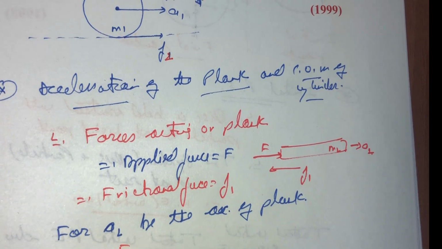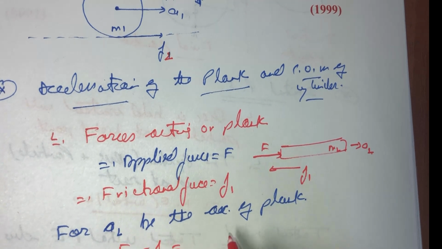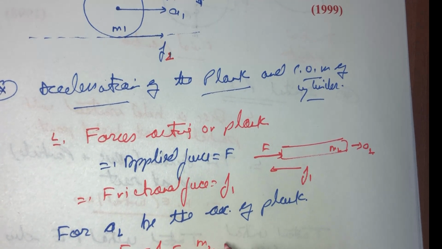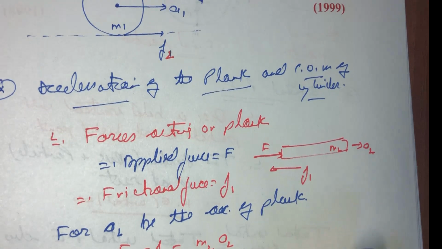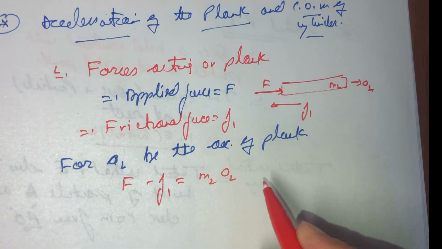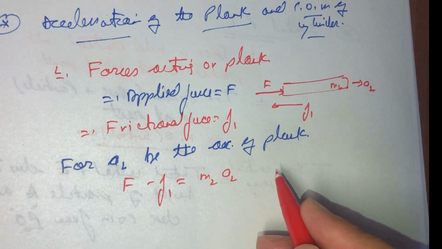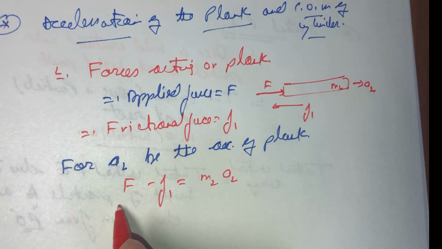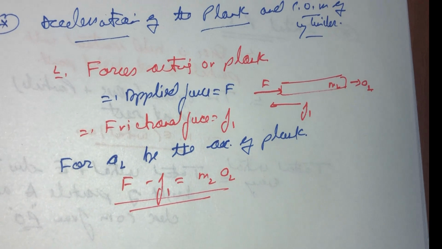We get F minus F1 equal to m2 multiplied by a2. This is one of the equations we are going to use later on.